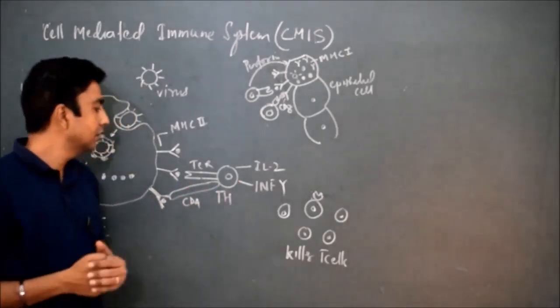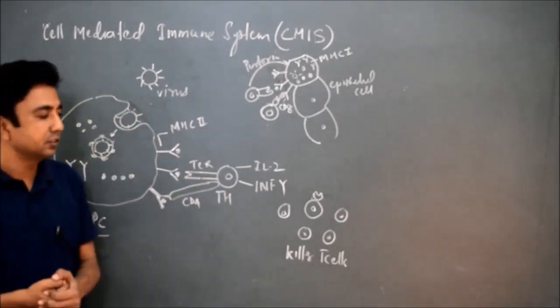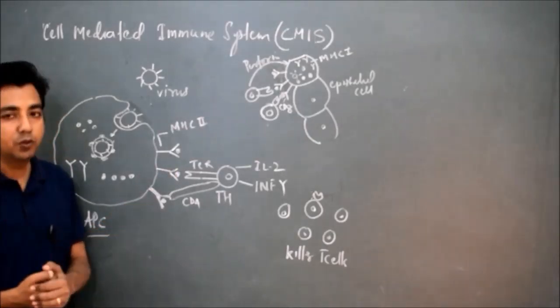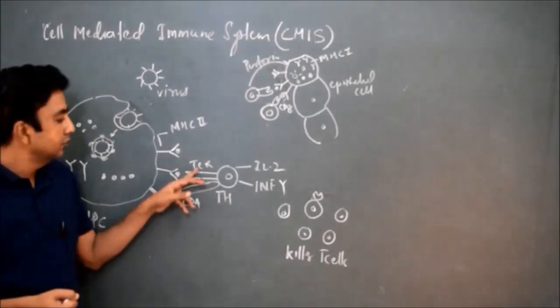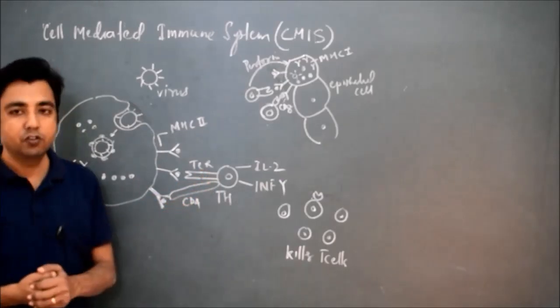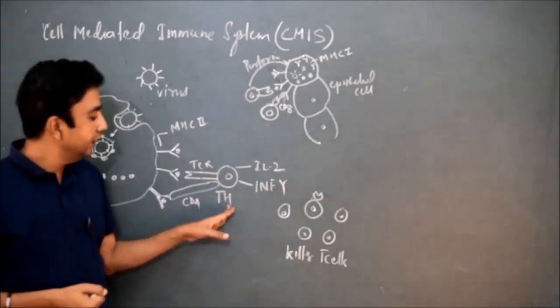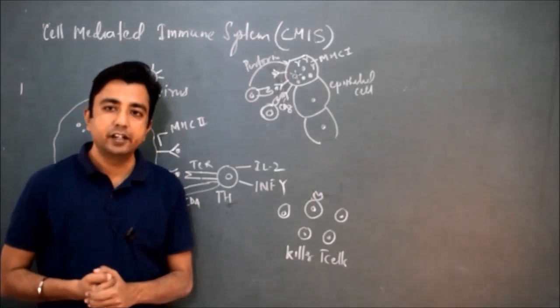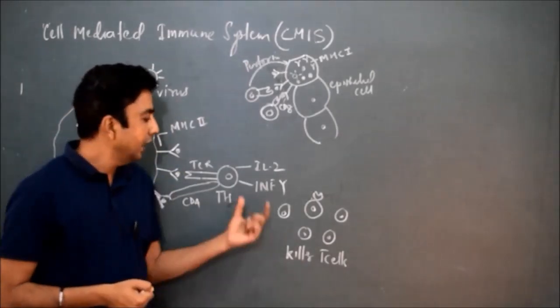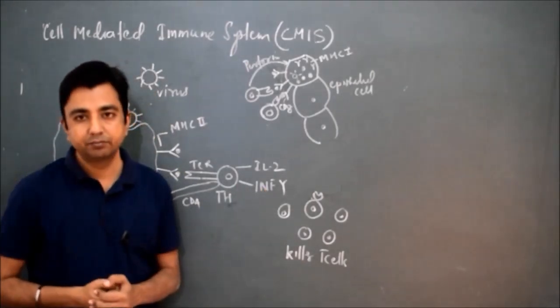The T helper cell, once it forms a complex with the MHC class 2 molecule and the antigen through TCR and CD4 molecule, will secrete interleukin 2 and gamma interferon.